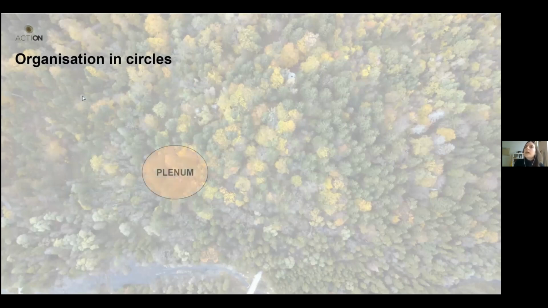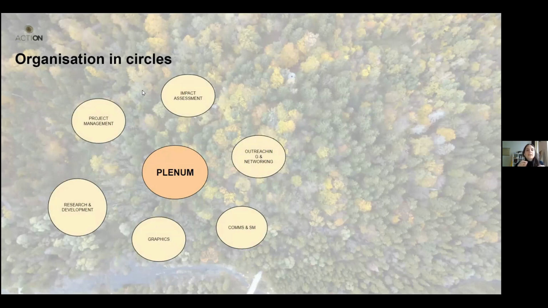We will see later what this means in terms of consent and decision making. The overall aim of the organization, as we defined it before, is served by the plenum circle, which in our case is composed of the entire Open Soil Atlas team, since we are a very small team. The overall aim then decomposes into more specific aims for which a specific circle was created.